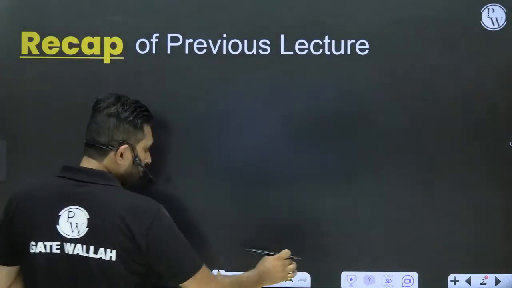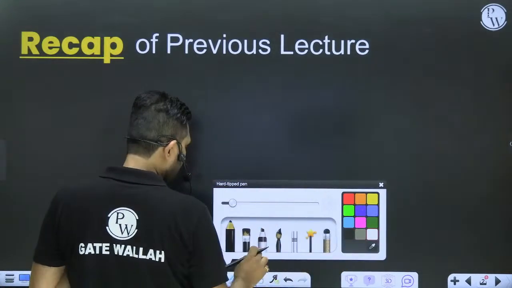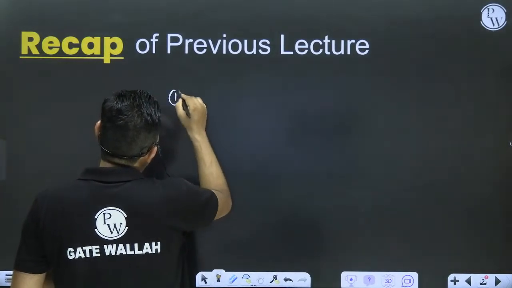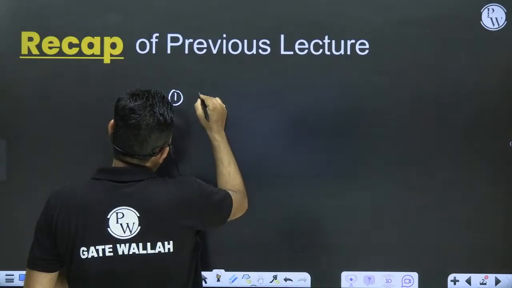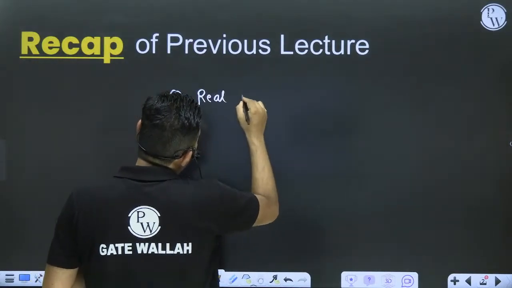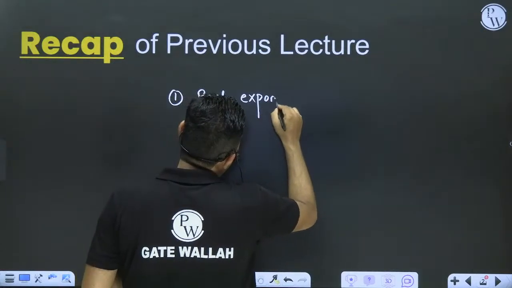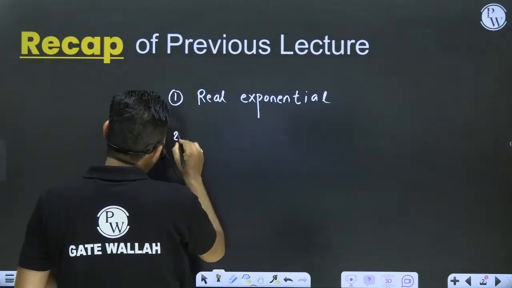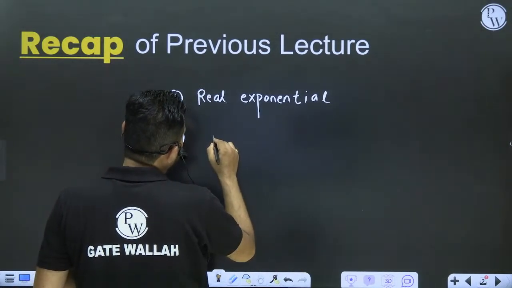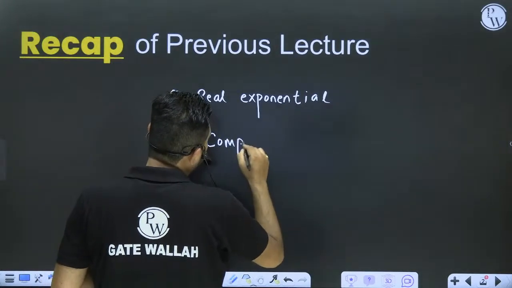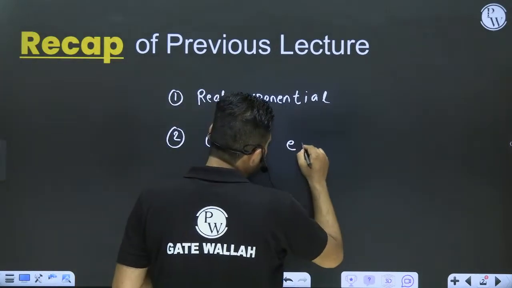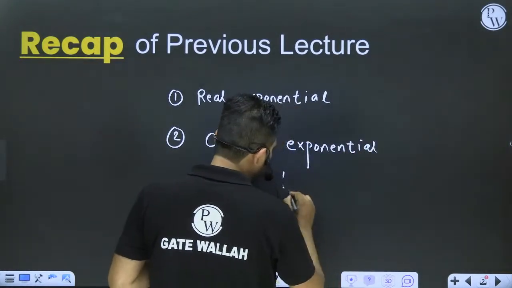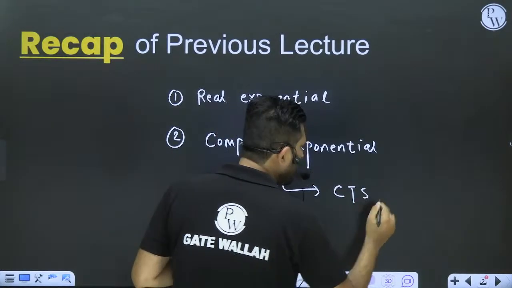So the previous lecture was, first we covered real exponential, and then we covered continuous complex exponentials, in which we covered CTS periodicity.